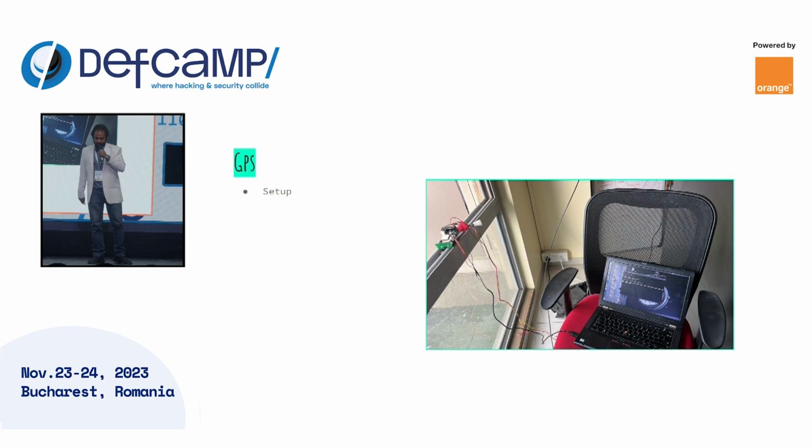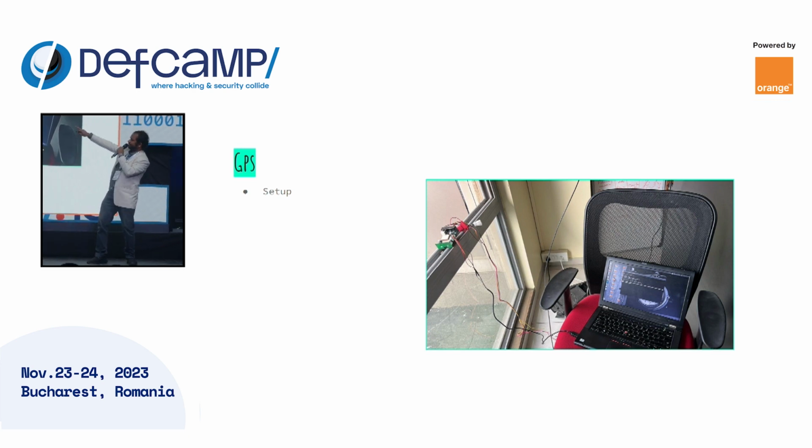And there's a setup. The reason why I have kept the telematics control unit near the window is because you need internet connectivity, which actually makes the telematics control unit connect to the GPS.